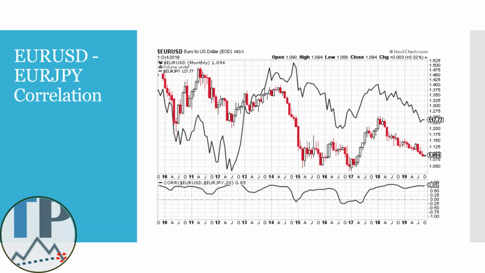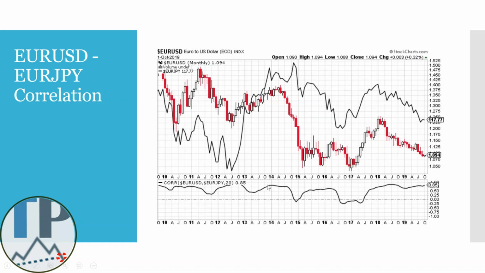Okay, so now here we have the Euro US dollar versus the Euro yen. And again, you can see that the correlation is largely positive, which again just refers to those periods where the Eurozone economic data is impacting both of these pairs in a very similar manner.